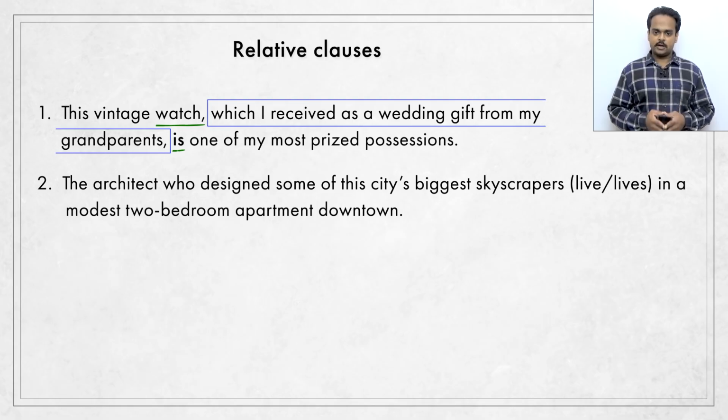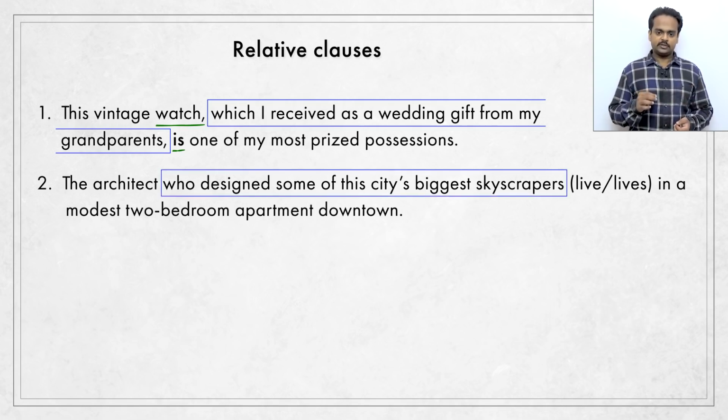All right, here's another example. The architect who designed some of the city's biggest skyscrapers lives in a modest two-bedroom apartment downtown. Modest means simple. So is it live or lives? The first thing that you should notice is the word who. So you know that we have a relative clause.